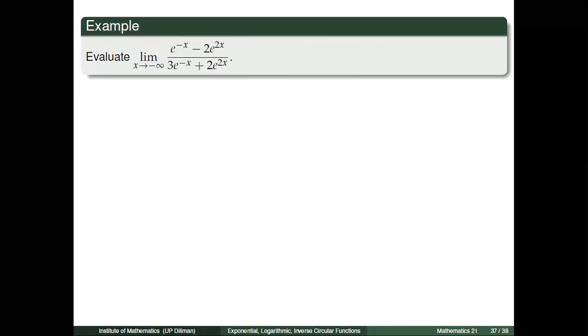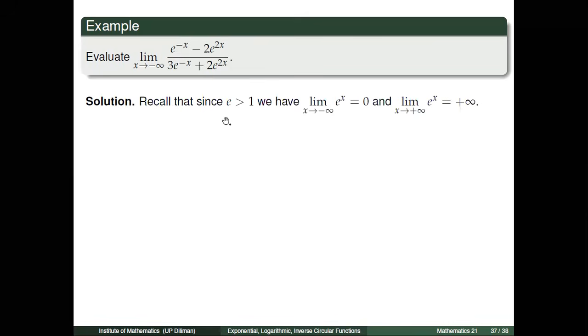So let's recall the behavior of an exponential function with base greater than 1 as its exponent approaches positive infinity or negative infinity. Since the base is greater than 1, the limit of e to the x as x approaches positive infinity is positive infinity, and the limit of e to the x as x approaches negative infinity is 0.